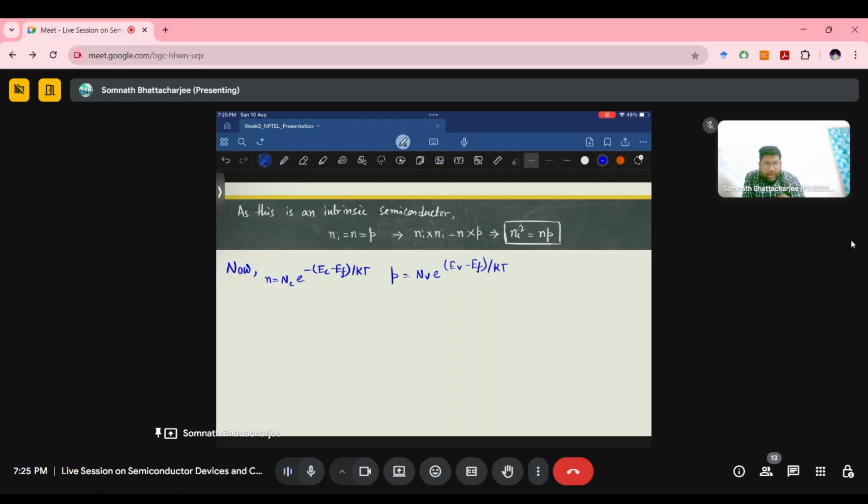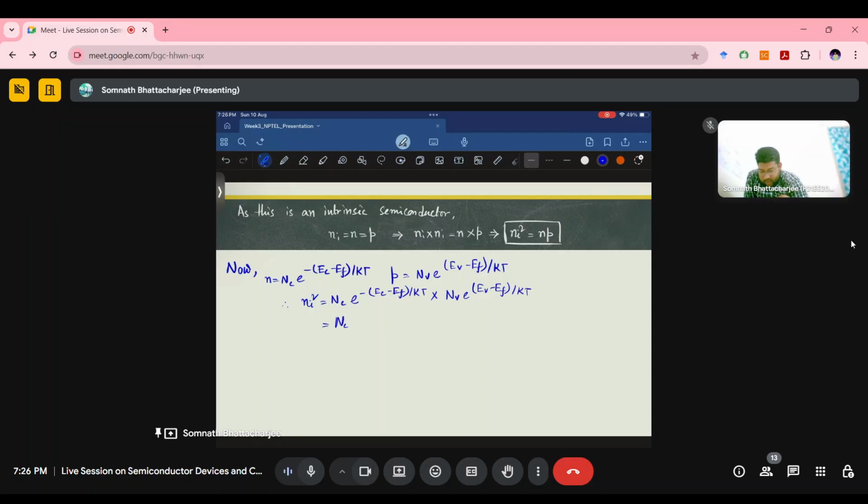We have already got this. So from the above equations, Ni square should equal N multiplied by P, which is Nc e to the power of minus Ec minus Ef divided by kT multiplied with this.